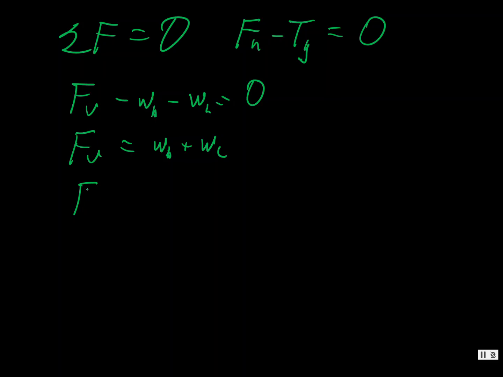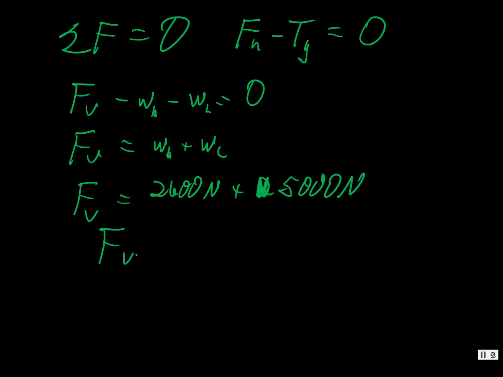Well, put them together, y'all. The weight of the boom was 2,600 newtons, and the weight of the load was 5,000 newtons. So the vertical force is 7,600 newtons, okay? It has to be.